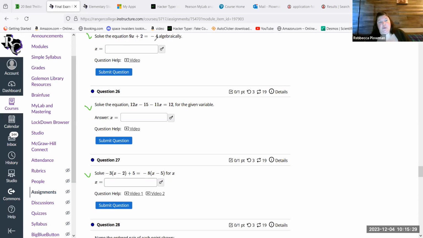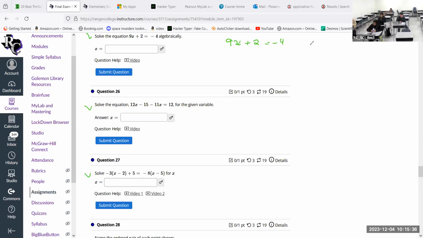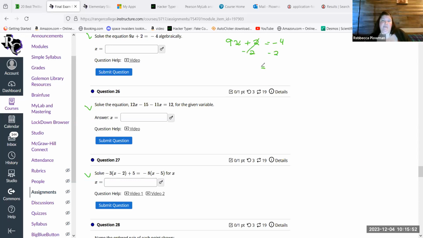So if we need to solve, what we said is we always wanted to try to isolate your x to one side and everything without an x to the other side. So we only have one x, but we have two numbers without an x. So I'm going to subtract 2 from both sides, so that I can basically get rid of this 2.